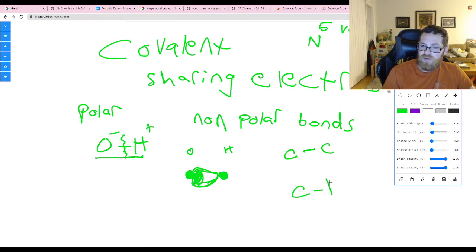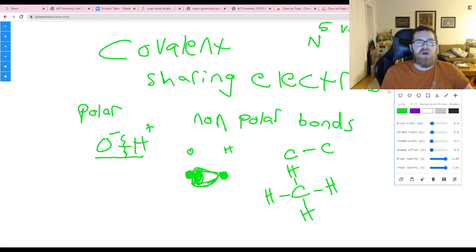So things that have all hydrogens attached to a carbon tend to be pretty stable and act the way you would expect. So these are non-polar bonds versus polar bonds.